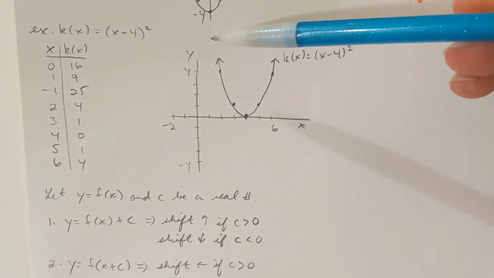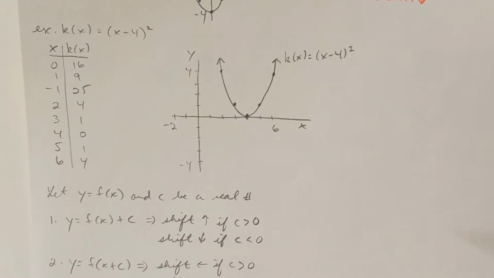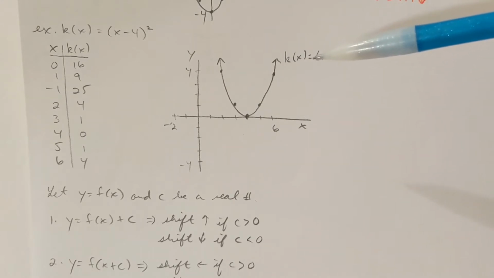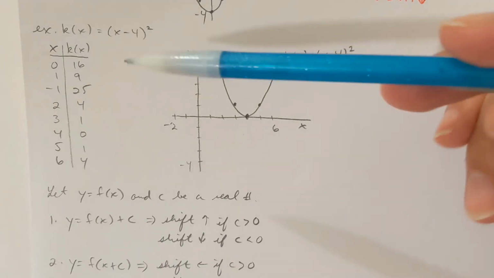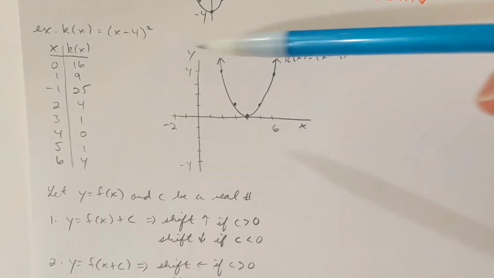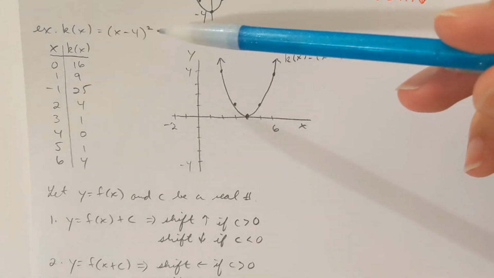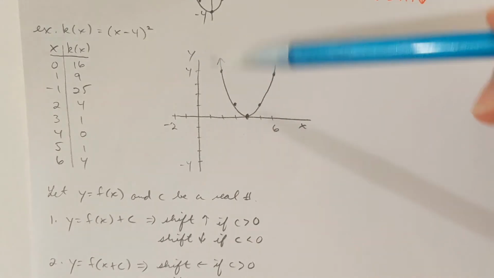Suppose that we have k of x equal to x minus 4, quantity squared. Then k is given by, well, let's take some values here. If x is 0, we get negative 4 squared, which is 16.